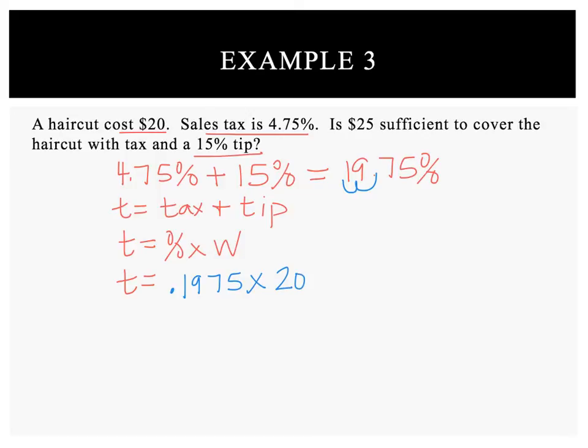So I get T is equal to $3.95. Now I've got to add that up, so it's $20 for my haircut plus $3.95 is equal to $23.95.